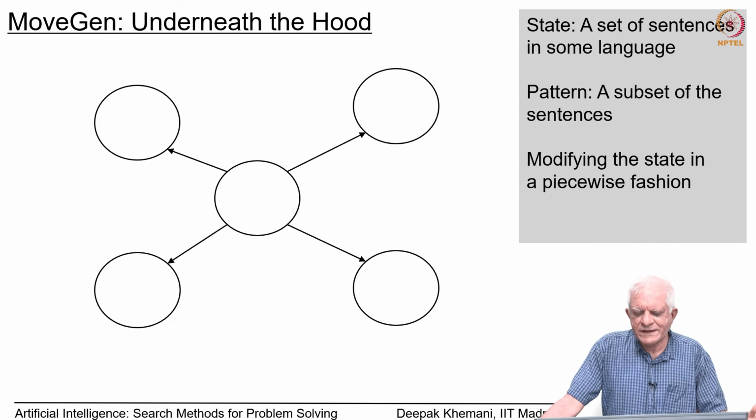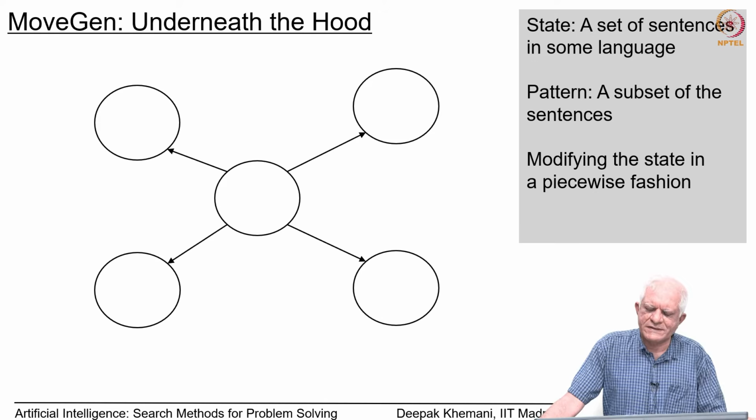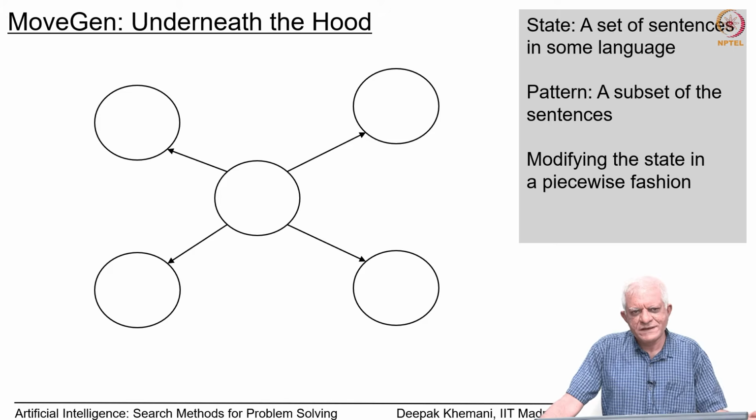For example, if you are painting your house, you may want to say paint your window or paint your door and so on. So, solving part of the problem, but not necessarily in a goal directed fashion as we saw in goal trees. What we are going to see now is a forward reasoning process, and the flavor of problem solving is that you spot a pattern and you do something about it.